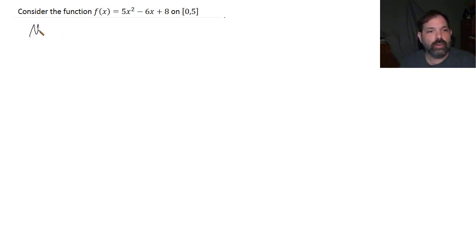Let's note that this is continuous and differentiable.